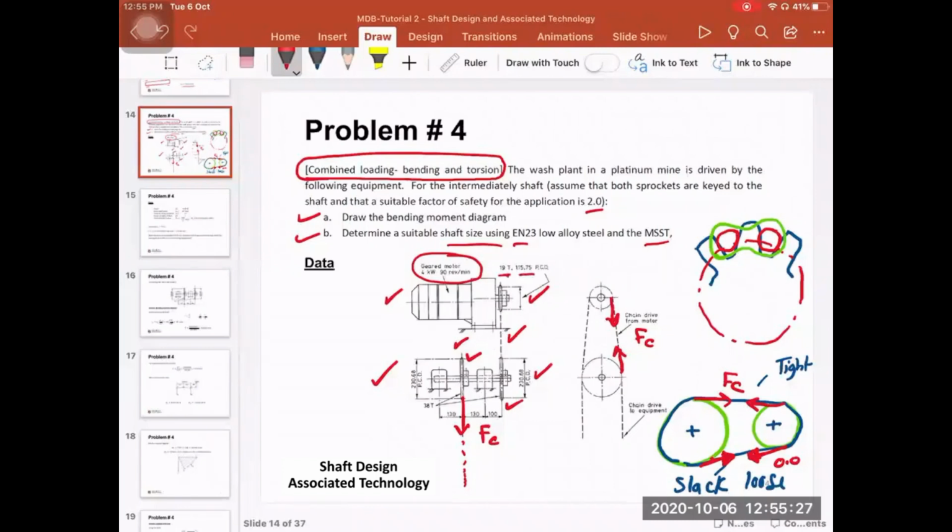The pitch circle diameter is 115.75. The pitch circle diameter of this sprocket is 230.168. The pitch circle diameter of this sprocket in the middle is 230.68, and the distances here are given. And these two sprockets, this one and this one, have the same number of teeth, 38.